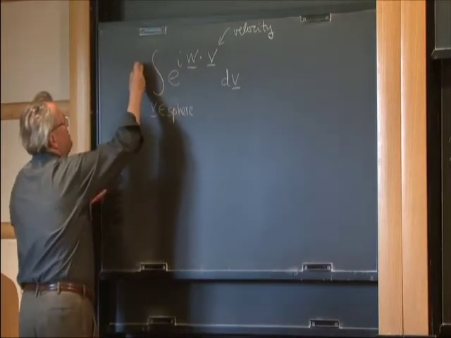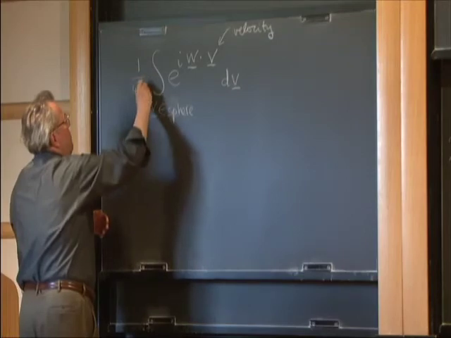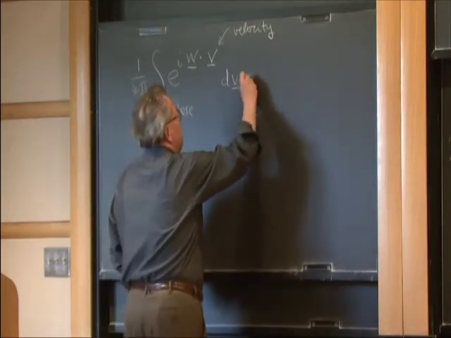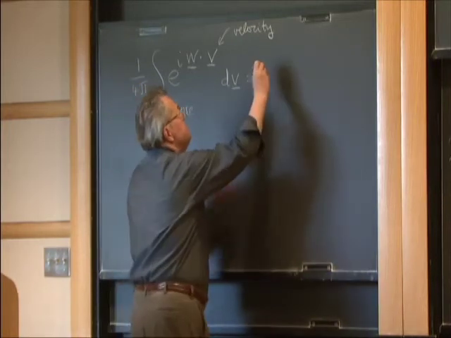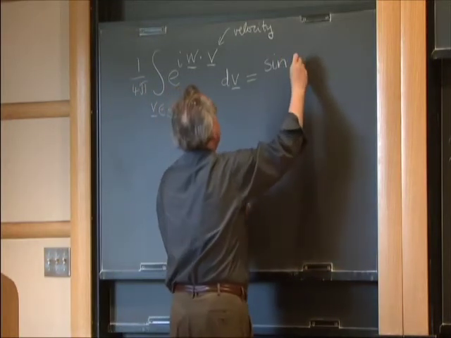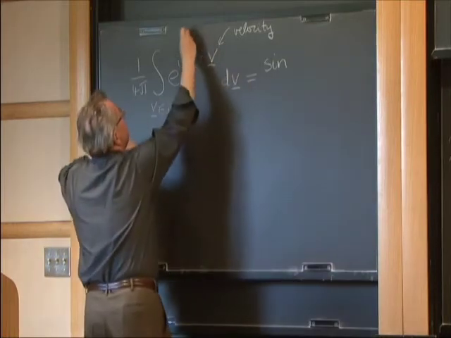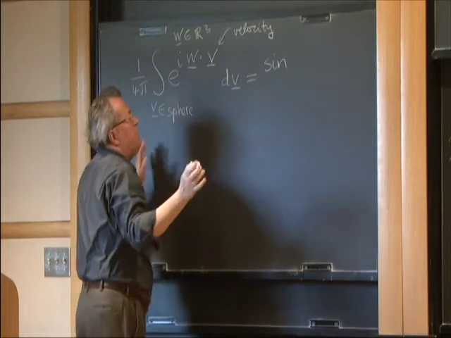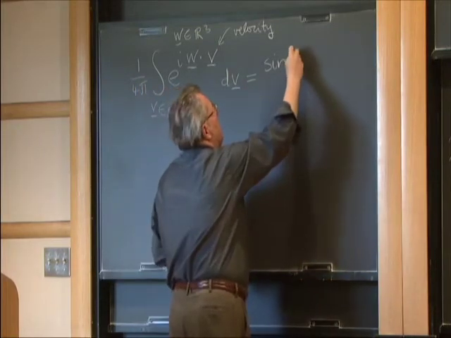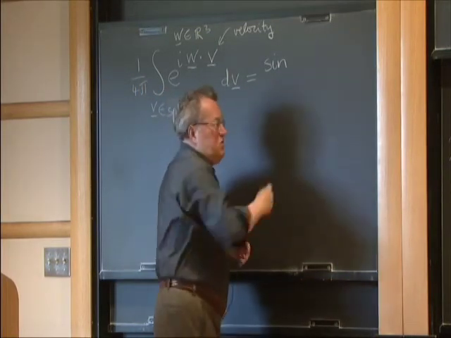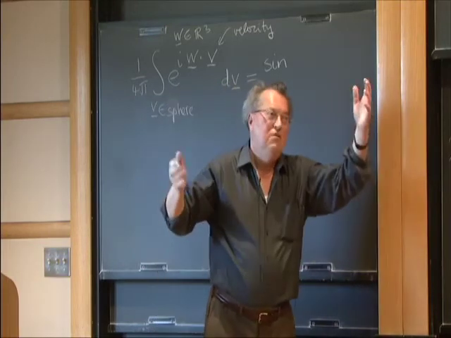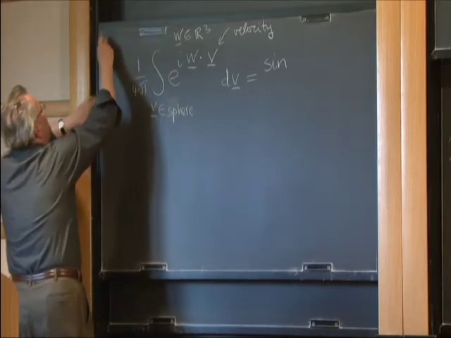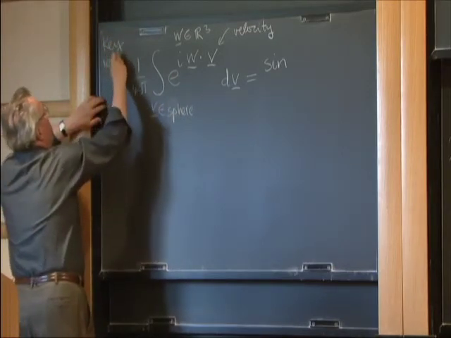Now the unit sphere has surface area 4 pi, so I just normalize, because everybody normalizes. And this is sine. We are in the 3 space. So w is an arbitrary 3-dimensional vector. Sine, which corresponds to the Fourier series. So that's why I need it. So this is a lemma. If you call it the key lemma.